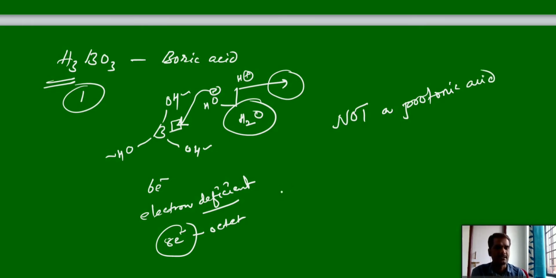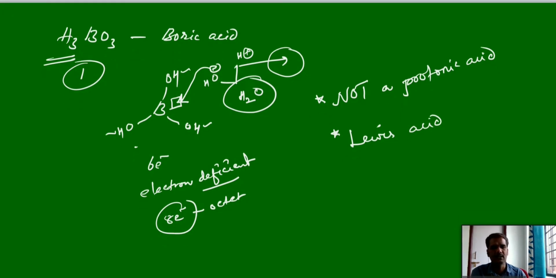Then what type of acid is it? Yesterday we discussed that electron deficient compounds are generally Lewis acids. A Lewis acid is not a protonic acid. These 2 points are very important about boric acid: its basicity is 1, and its structure and electron deficiency. All these points you should remember; they are completely memory based and also very important.